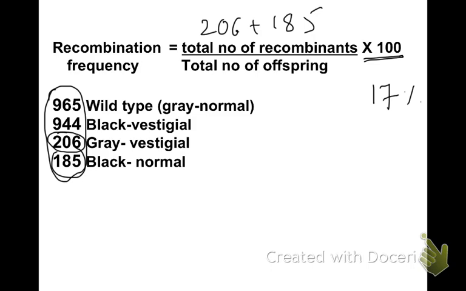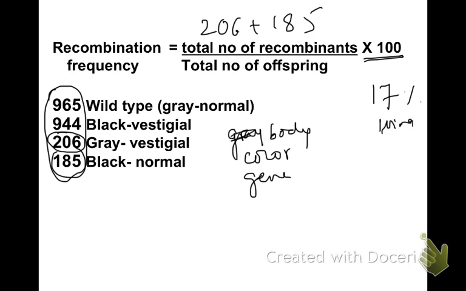So that means the gray body color gene and the wing shape gene are capable of recombining at 17% recombination frequency.